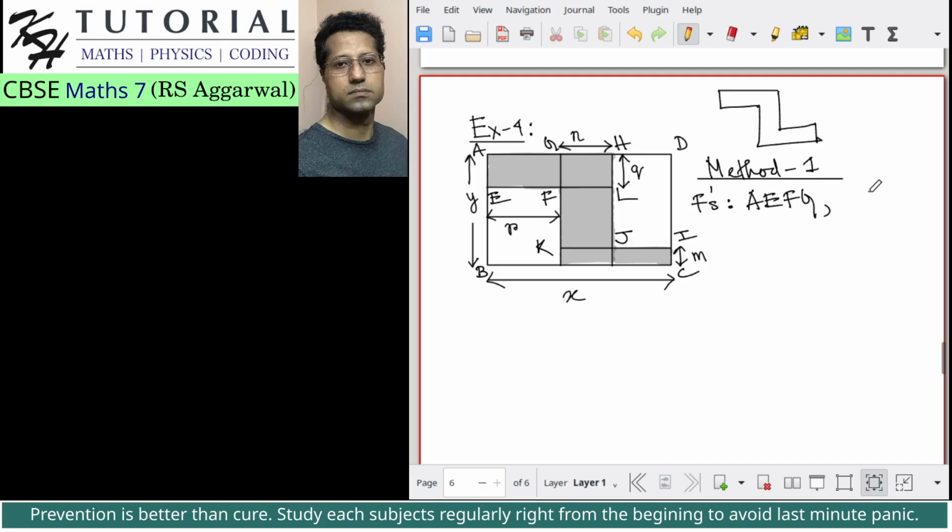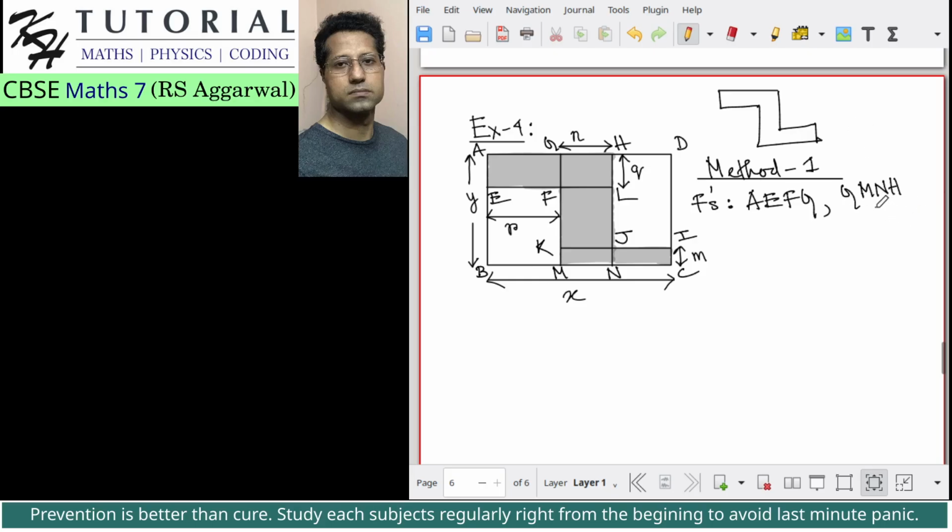Okay, next let's say this be K, L, this be M, this be N. So let's say the next rectangle be GMNH. So these two rectangles AEFG and GMNH do not have any overlapping regions.